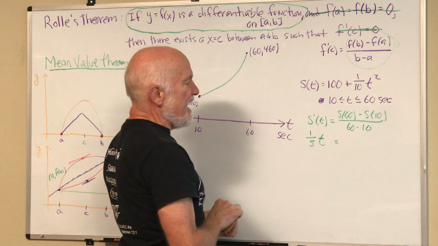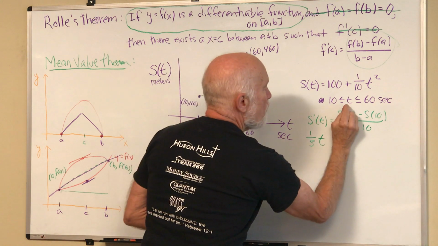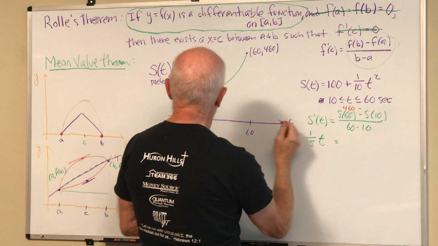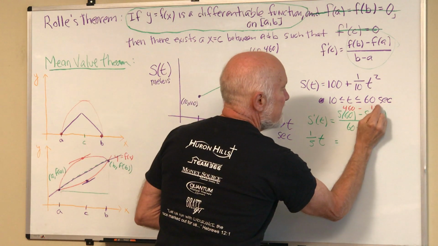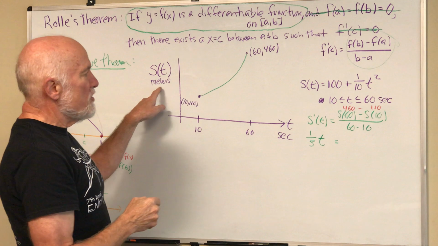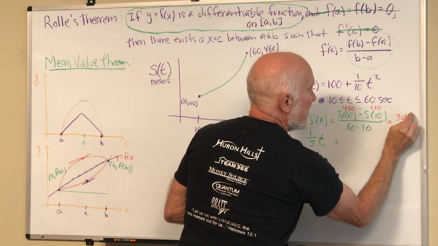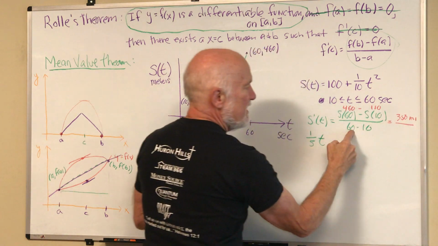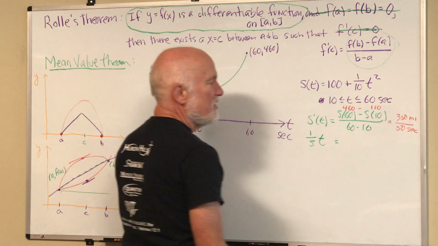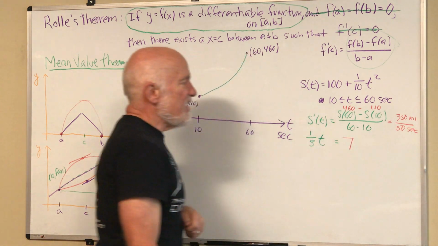And then if you take s of 60, we said that was 460, minus s of 10, which was 110. So we went 350 meters in 50 seconds, or on the average of 7.